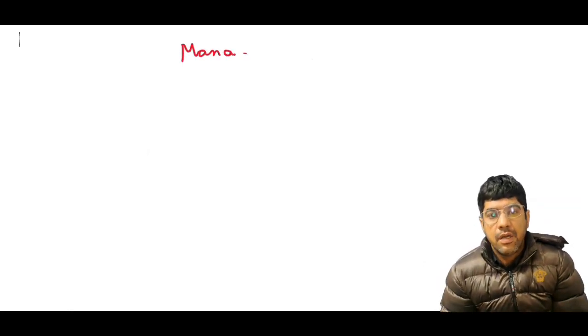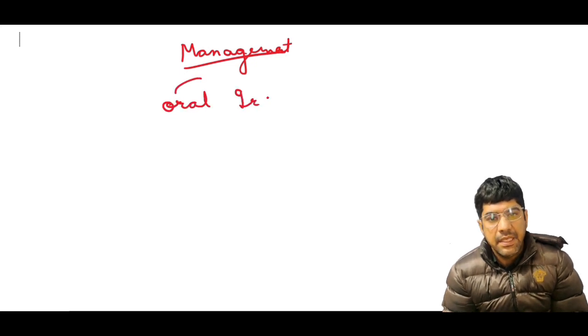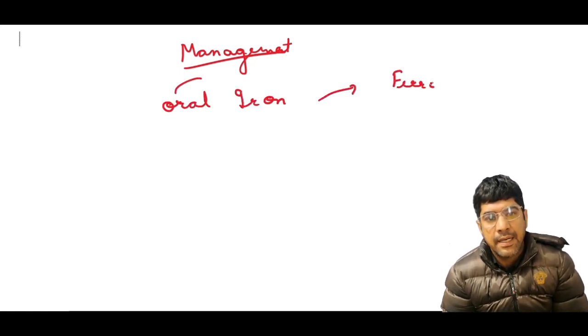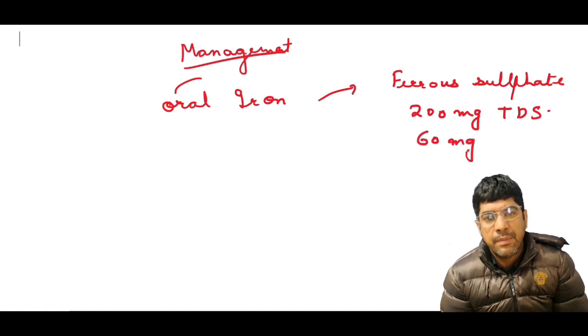For iron replacement therapy, ferrous sulfate 200 mg thrice a day, containing 60 mg of elemental iron, can be given orally. It is safe and cost effective. The expected rise in hemoglobin is about 1 gram per deciliter per week or 1% per day, and there would be a rise in reticulocyte count.